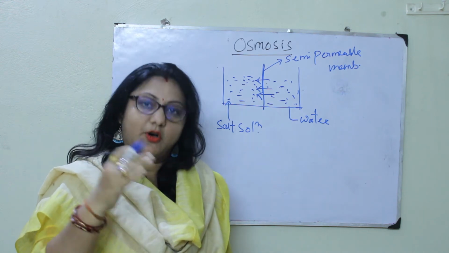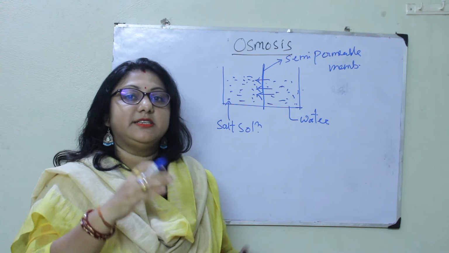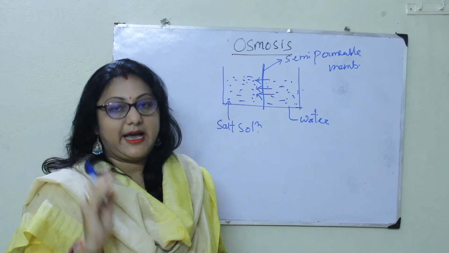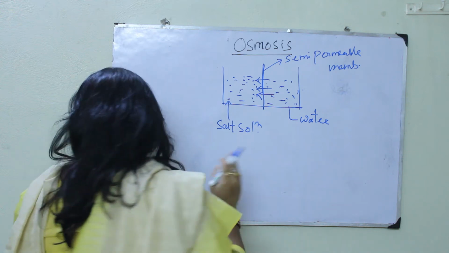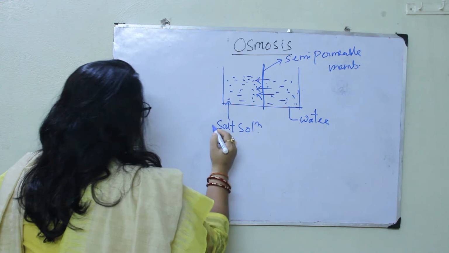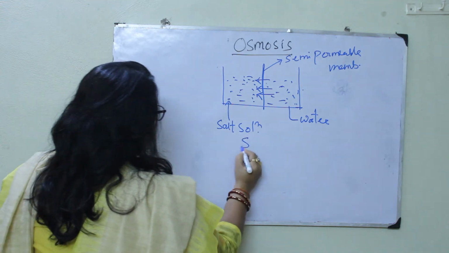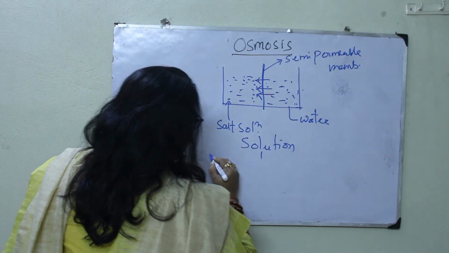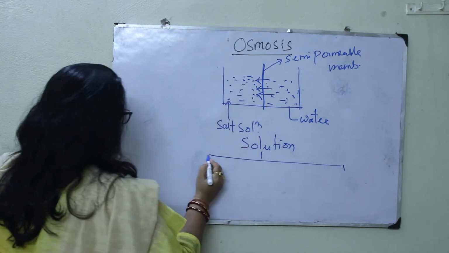So depending on the osmosis process, we can divide solutions into three major categories. Now what are the three major categories? The three major categories are, if I write, solution is of three major types.